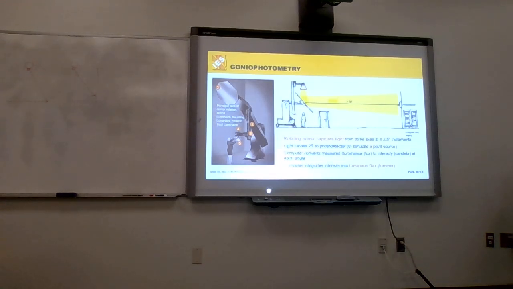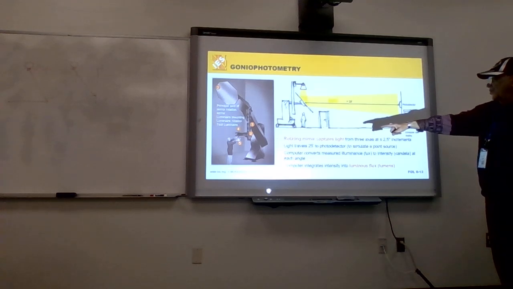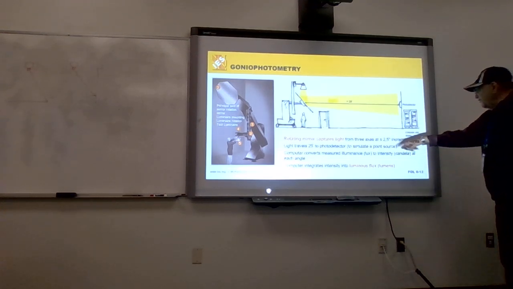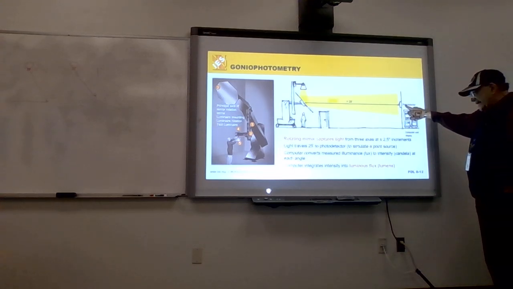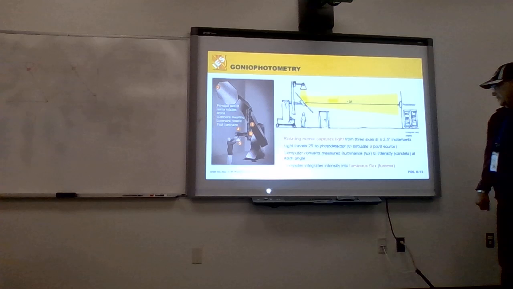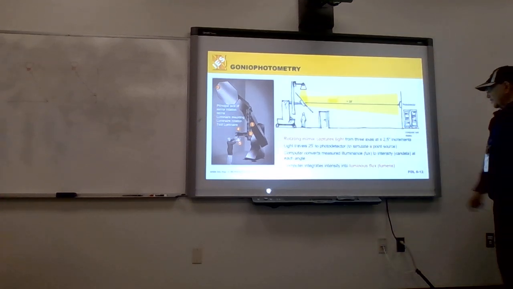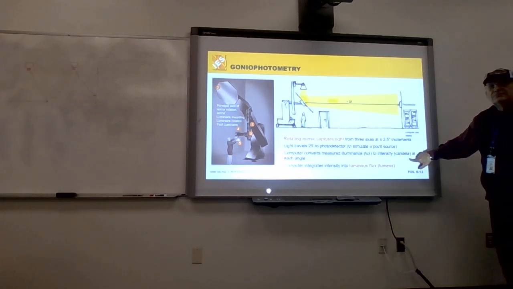So, goniophotography. As you can see here, a rotating mirror captures light from 3 axes at 2.5 degree increments. Light travels 25 feet to the photodetector right here to simulate a point source. The computer converts the measured illuminance in lux to intensity, candela.